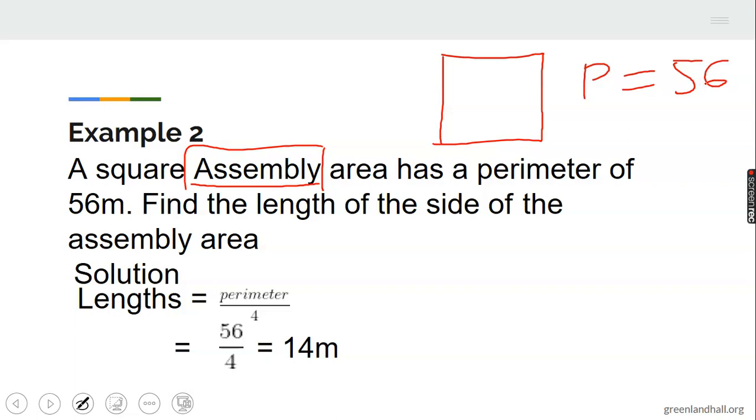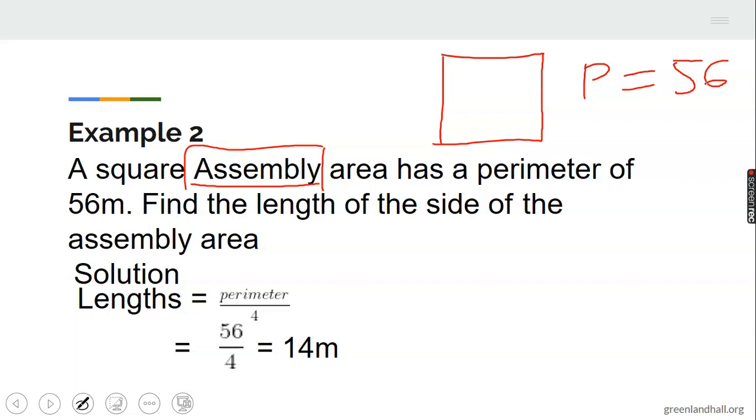Find the length of one side of the assembly area. Now, look. We have been given the perimeter. We are asked to work from perimeter back to length. From the previous example, we worked from length to perimeter. Now, we are moving backward.